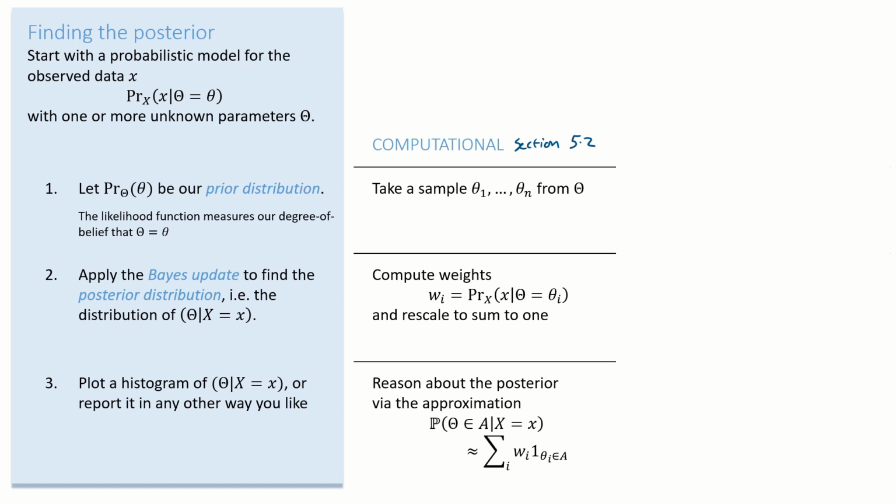For step 3, we can use these weights to estimate posterior probabilities. There's a formula here on the slide, but we saw in section 5.2 a very simple one-liner code snippet for plotting a histogram of the posterior distribution using these weights, and that's all we're going to be using in this video. In the next video, we'll think about cleverer ways to report the posterior distribution.